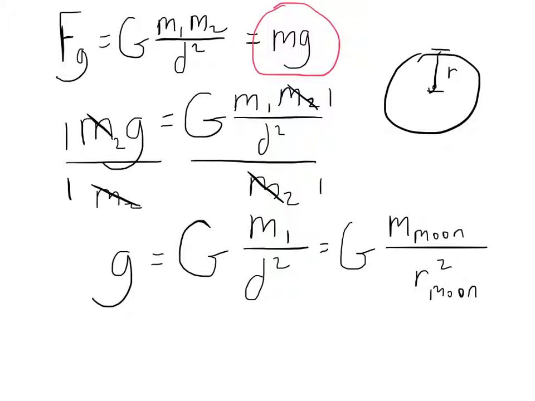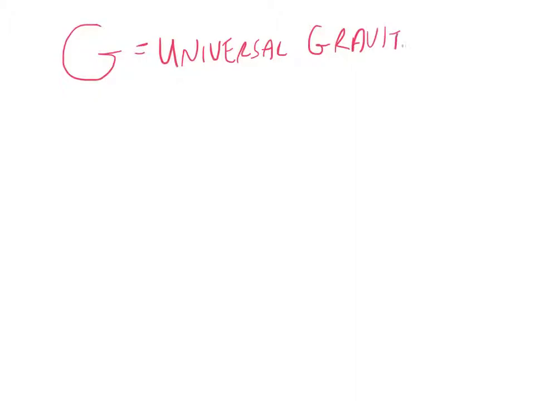So this leads to an interesting concept which we'll talk about in a minute. We have capital G, which is the universal gravitational constant, and is the same everywhere.